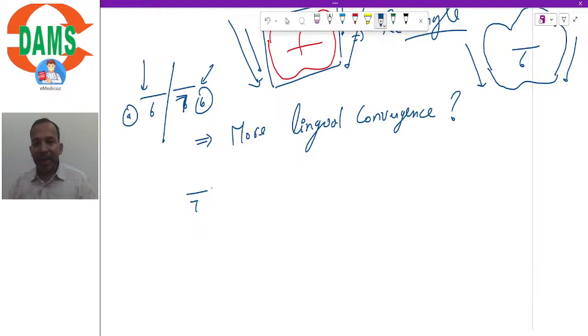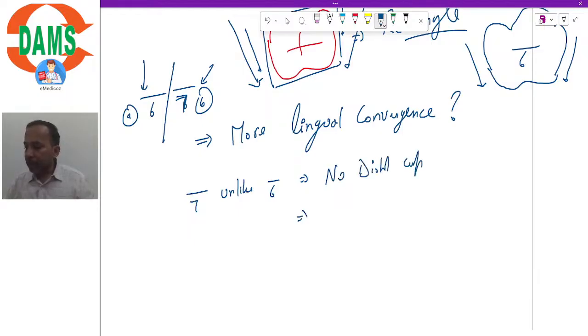So mandibular second molar में, unlike first molar, there is no distal cusp, and therefore the buccal side is almost similar in length to the lingual side, and therefore its shape is rectangular, right?